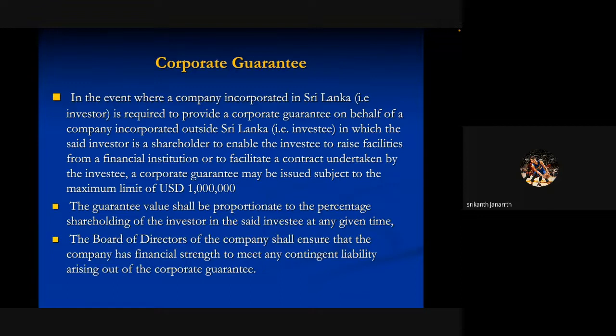They should have financial strength. They have a contingent liability. I think we learned about contingent liability. We never know until it is realized. As long as the loan is paid by ABC company in Vietnam, there's no problem. But in the event ABC is unable to pay, if they default on the loan, then that Vietnam bank can claim it, because Dialog has given a corporate guarantee for their stake of 40%, right? So they have to pay.